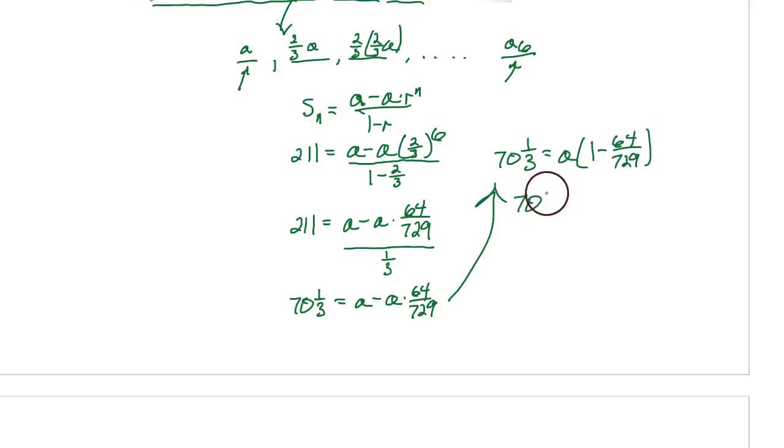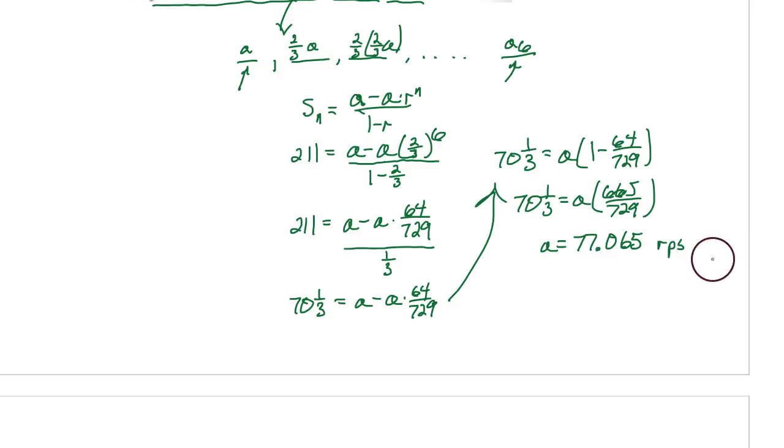That makes 70 and 1/3 is equal to a times 665 over 729. To get the letter a alone, let's multiply both sides by the reciprocal of that fraction. So a is equal to 77.065 and so on as a decimal. And that's being measured in revolutions per second, or RPS.